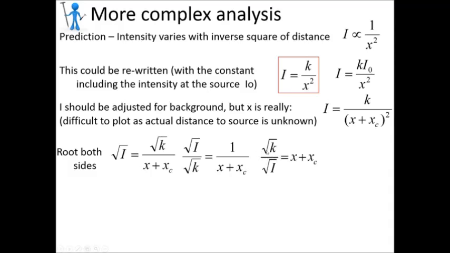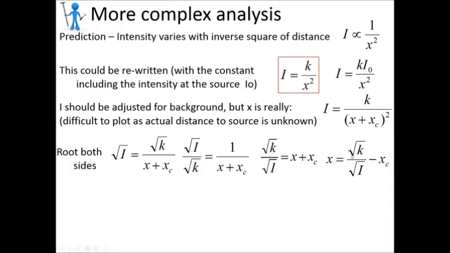Just inverting it, so root K over root I instead of root I over root K. Inverted this side, inverted the other, and to get this in the form y equals mx plus c, I've moved the XC over to this side, to give X equals root K over root I minus XC.